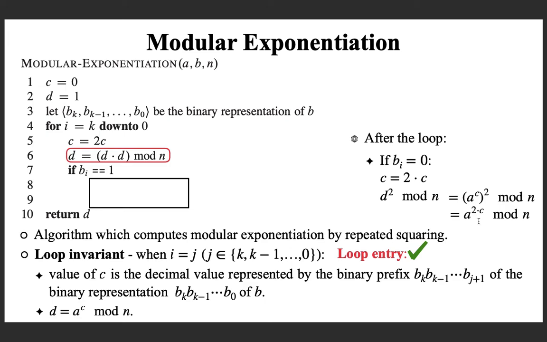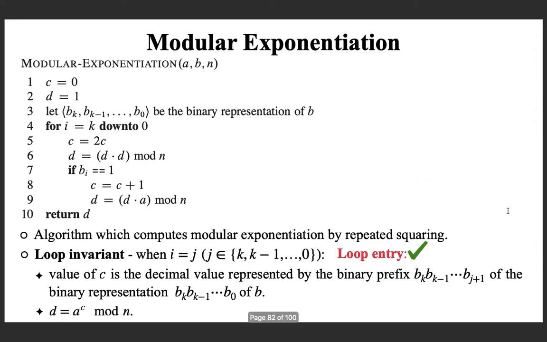So the new value of d is a to the power the new value of c mod n, and that is what you wanted to prove. The new value of d is nothing but a to the power the new value of c, which is 2c, mod n. So we proved that in the case when bi equals 0, both these conditions are proved.